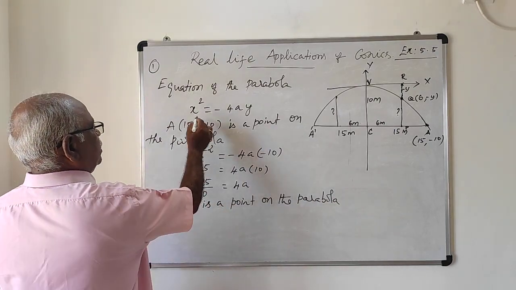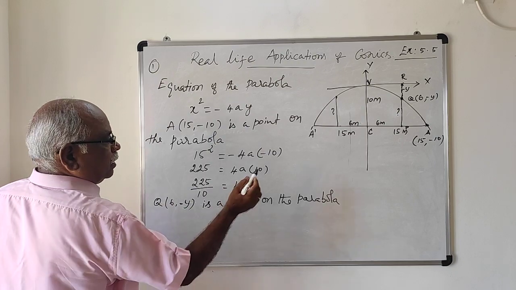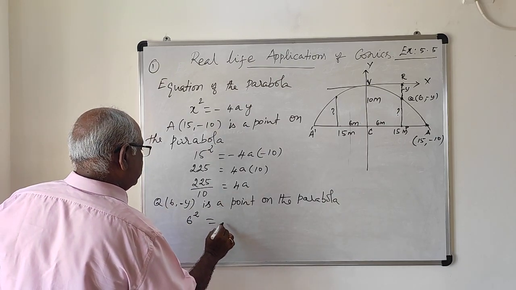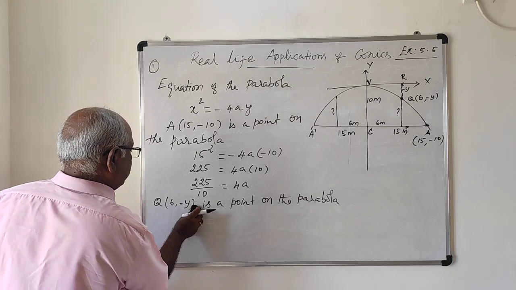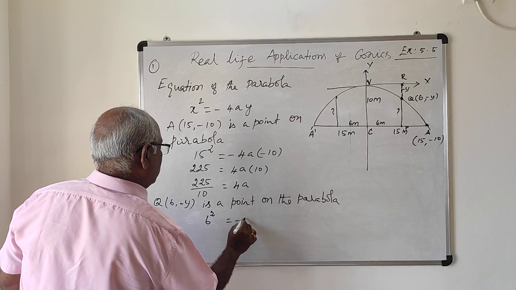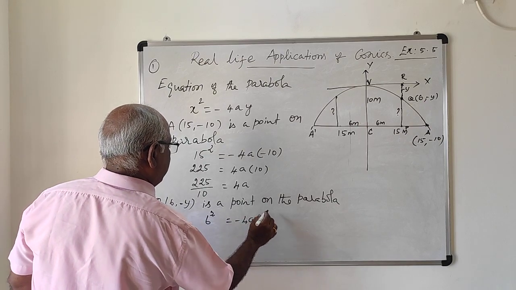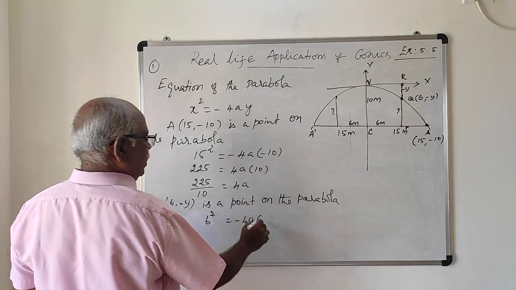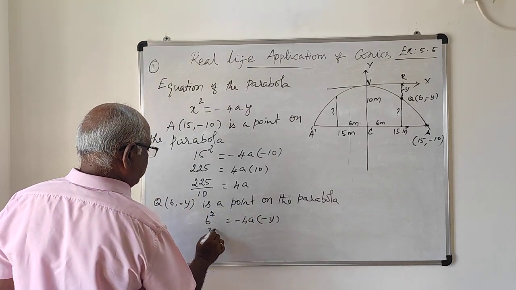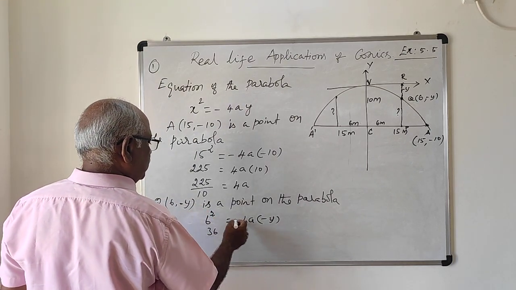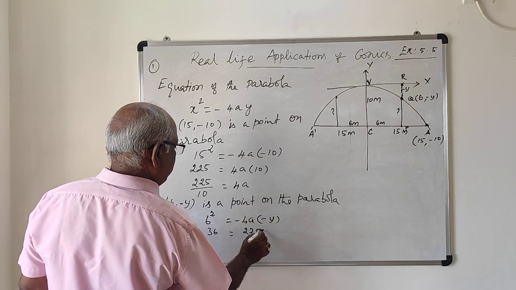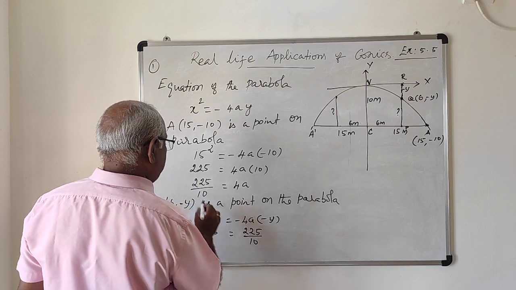Therefore, in the equation x square, 6 square equals minus 4a into minus y. 6 square is 36, equal to plus 4a into y, where 4a is 225 by 10.